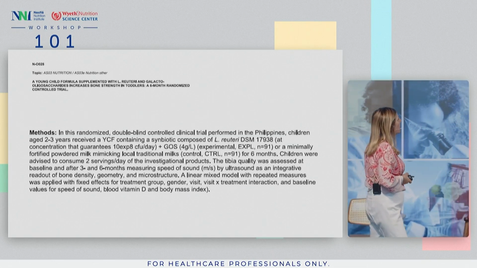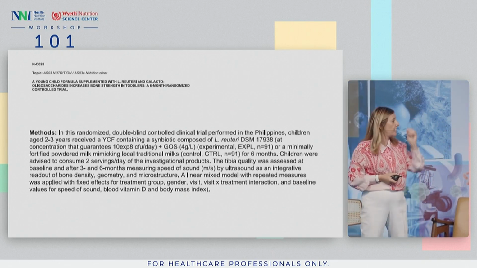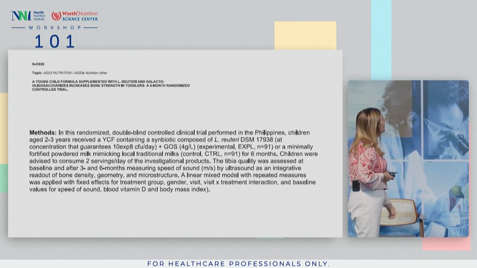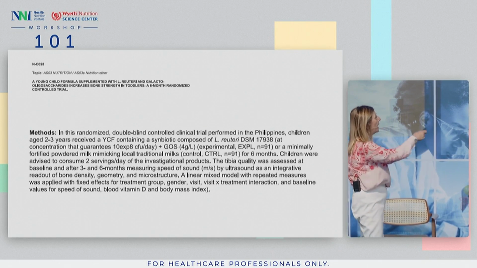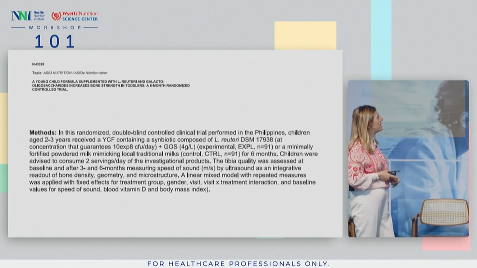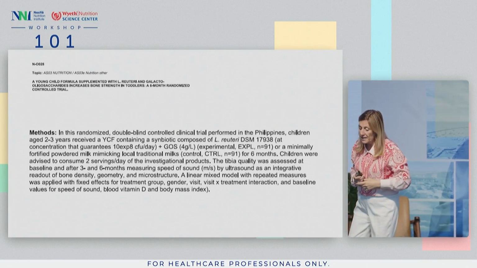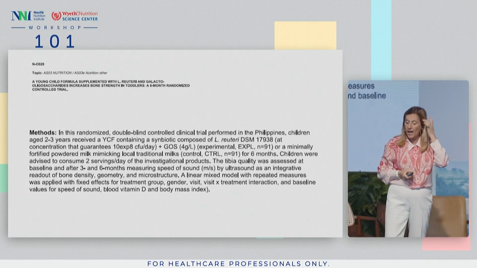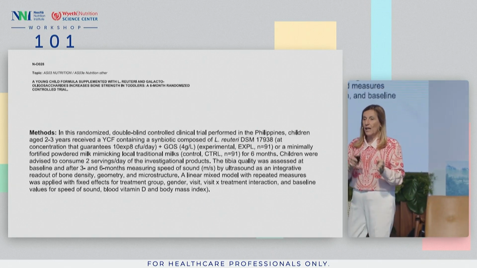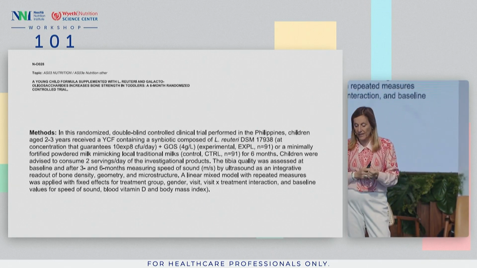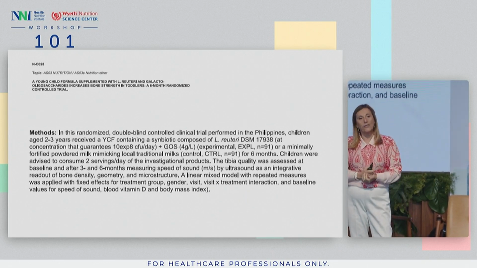So far, it's an abstract that was presented at ESPGHAN last year, and it's a randomized double-blind controlled trial performed in the Philippines, where a group of children of 2 or 3 years of age received formula containing a synbiotic, meaning Lactobacillus reuteri DSM 17938 and GOS, or a standard formula.